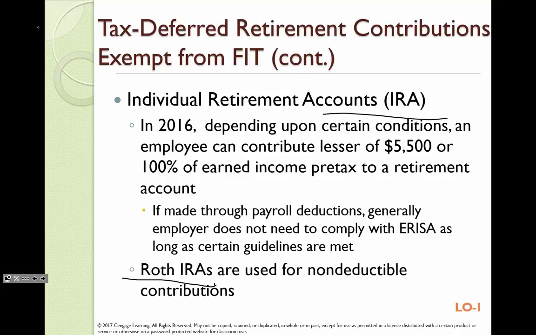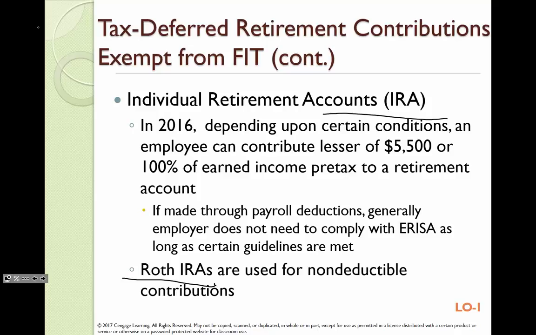A Roth IRA, other way around: I don't get a deduction now, and I don't pay tax on it when I pull it out when I retire. All those earnings grow tax-free for 20, 30, 40 years. That's the value. You can't touch it till you're 59 and a half. You can't touch any of these without penalties until the year in which you become 59 and a half.